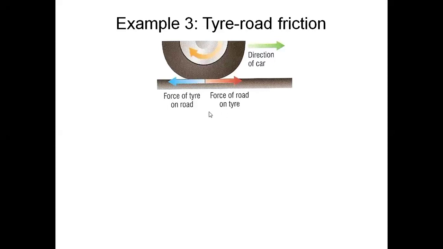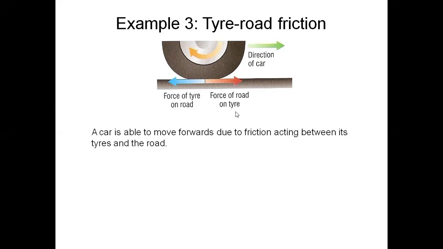Tire and friction, third example. The force of tire, force of the road. The force of the tire on the road and the direction of motion is shown here. This is the direction in which the tire is moving. It is moving in clockwise direction. So the friction, of course, will be opposing, acting in this direction. The red color arrow shows the friction. So friction is actually providing the driving force. Direction of motion is the same here.